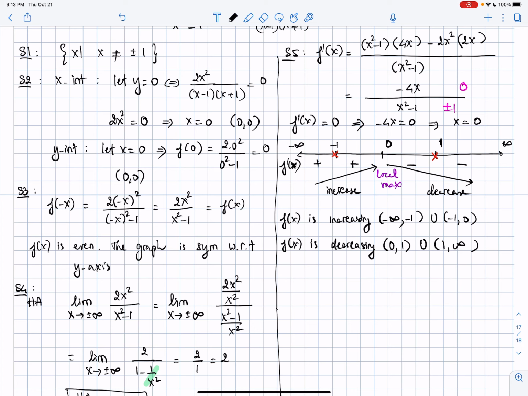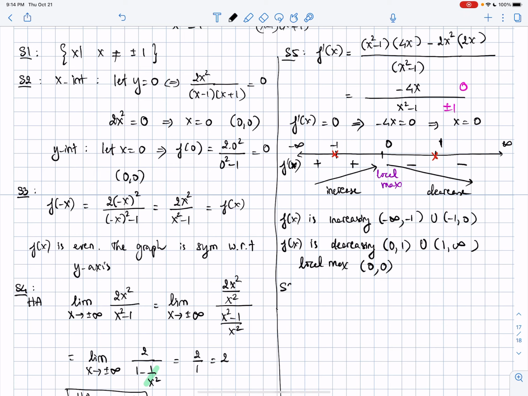Okay, and we can also find the local max. So local max is at 0. When we plug in the 0 into the function, we will get 0. So far what we got is 0 is the x-intercept, y-intercept, and also local max, right?